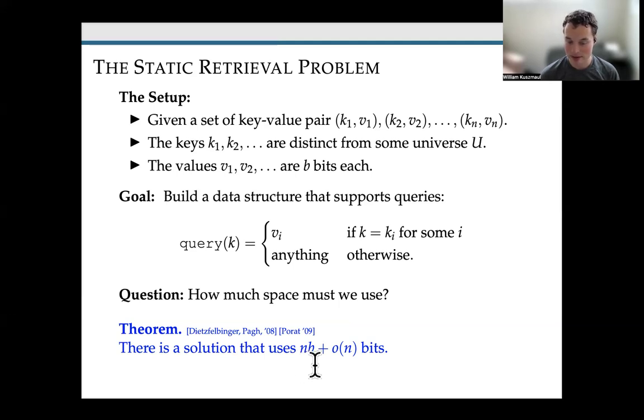That would take nb bits, and the space that you actually need is just nb plus little o of n bits. So that's the static version of the problem.